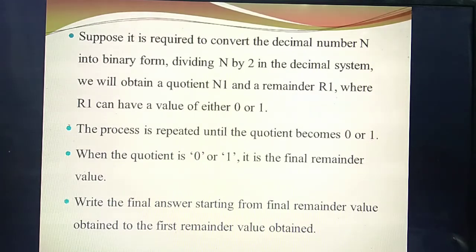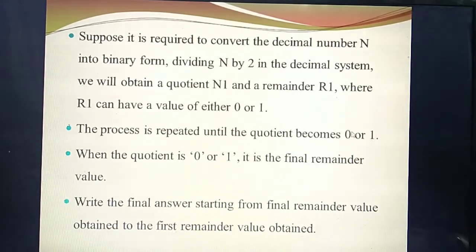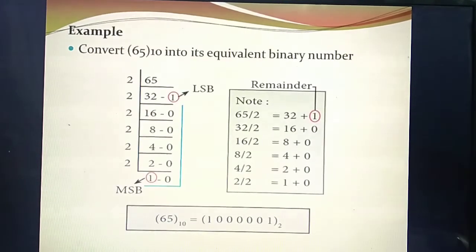Very, very important, one more question: in decimal to binary conversion, the process will continue till you get the quotient 0. When you get the quotient 0, you should stop and write the answer. See the example, then only you will understand.